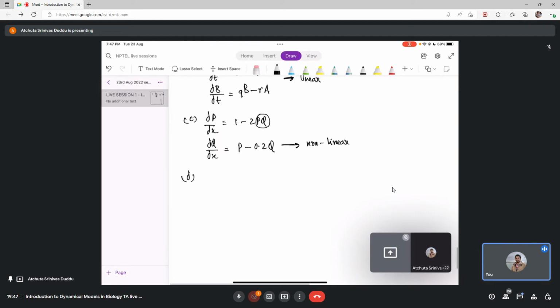In D we have dp by dx equals 1 minus 2p, and dq by dx equals p minus e power q. So this is another form of non-linearity. The first one is linear, 1 minus 2p, there are no higher order terms of p. And the second we have p minus e power q. So this is another form of non-linearity.